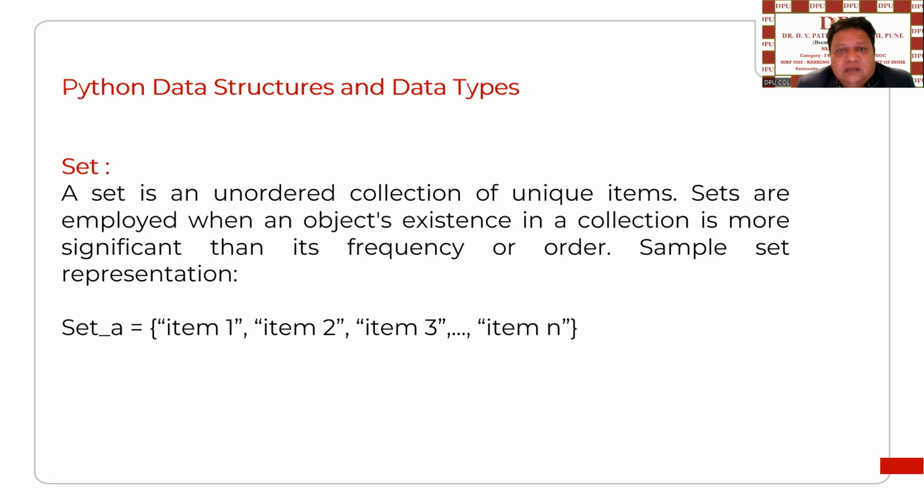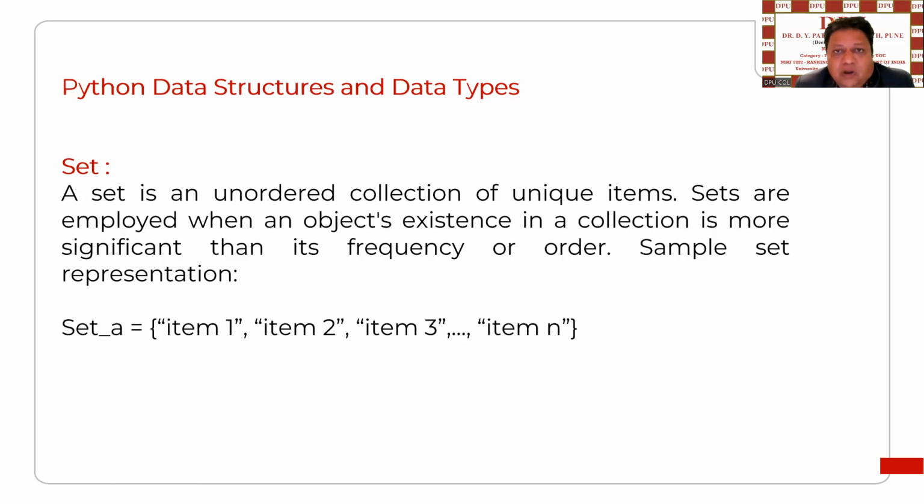If I have entered the ID, name, marks, and address in this order into a set, but when I display the content of the set, you may observe that the order has been completely changed. You may see the name first, after that ID second, then the address, and then the phone number. So set will not maintain the order. So that's why it is called an unordered collection of unique items.